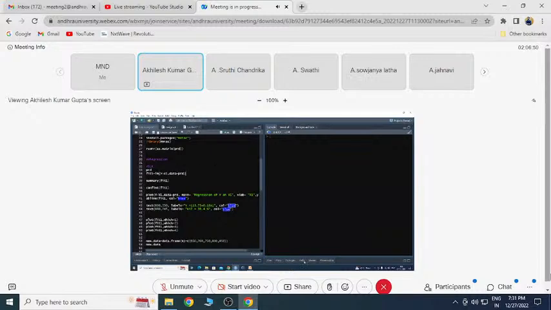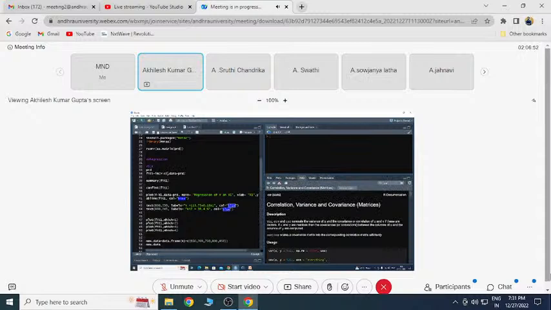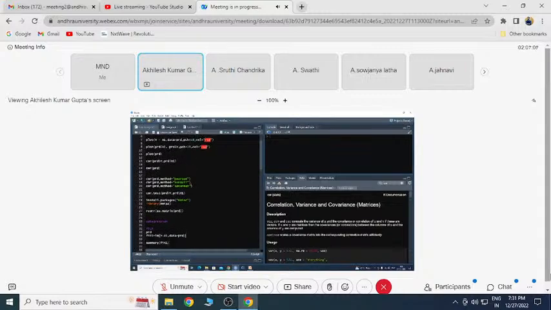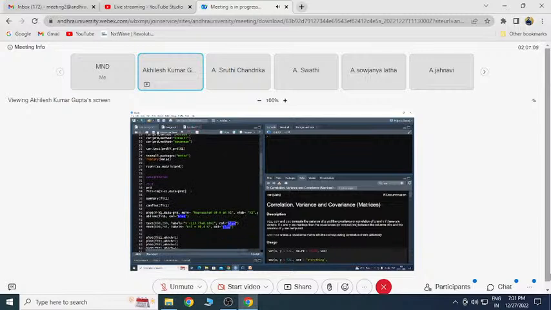So here I have given you various variations of this type of command. You can write this command directly like this also, PRD$y followed by PRD$x1. But I will suggest you use this type of format, a formula format with data.